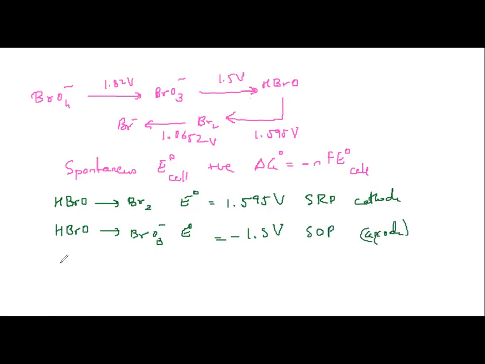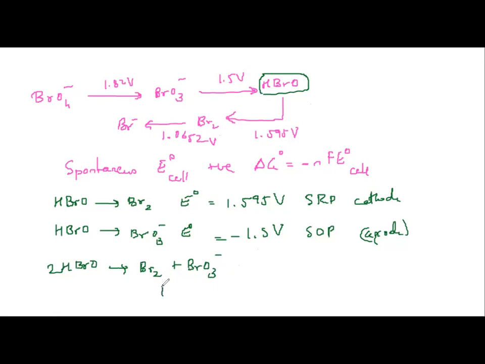Then if I compare them, two molecules of HBrO give Br2 plus BrO3 minus. If I go this way, it is plus. If I go this way, it becomes minus. So if I take two molecules, one is forming Br2, another is forming BrO3 minus. Similarly, you can compare for all the different ones, but here this is the case under consideration.